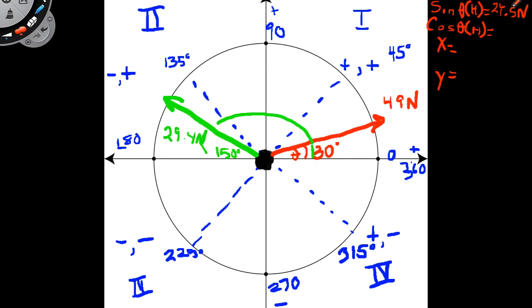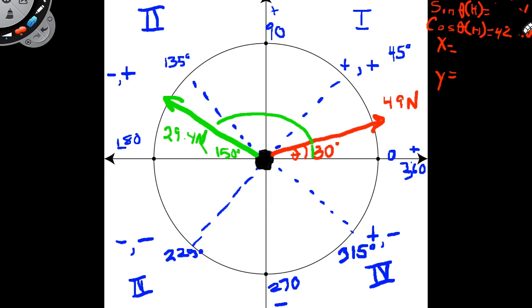Alright, and that's newtons, 24.5 newtons. And then the other one's going to be 42.4 newtons. So let me go ahead and erase that.